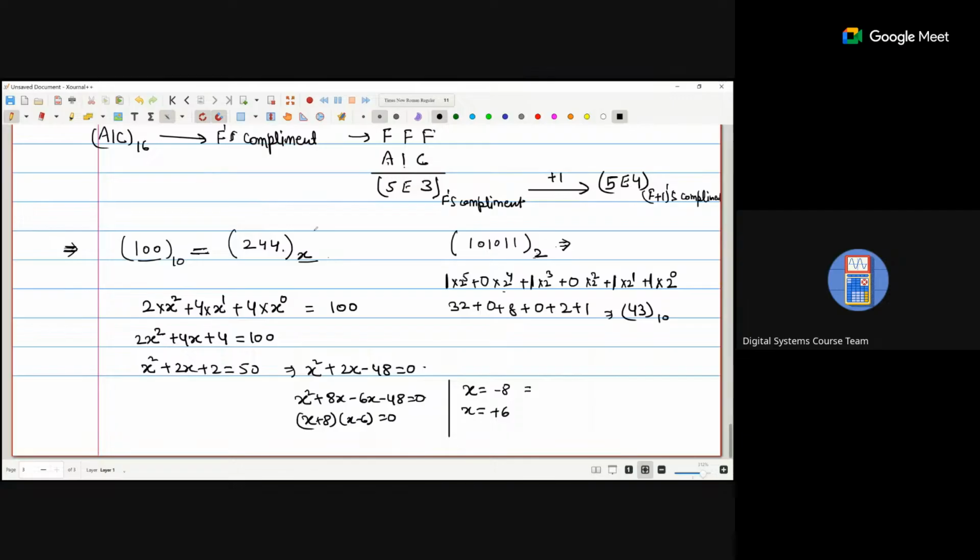Now we know that a negative base is not possible, so this is not possible. So what is the value of x? X is equal to 6. So we can say 100 base 10 is equal to 244 base 6. This type of question is also available in competitive exams, where the base is not defined and you have to calculate the base value.